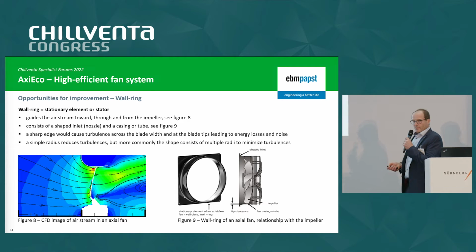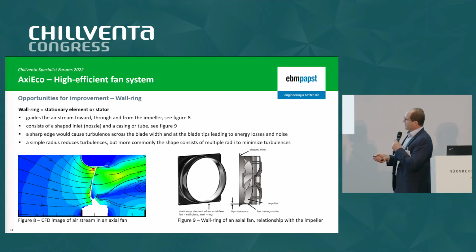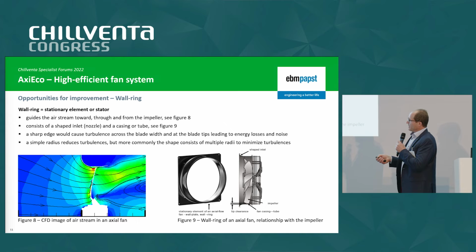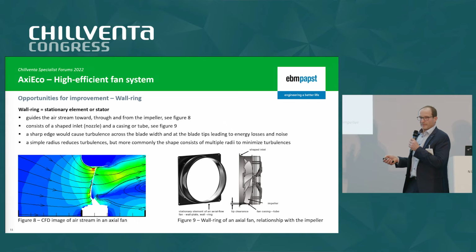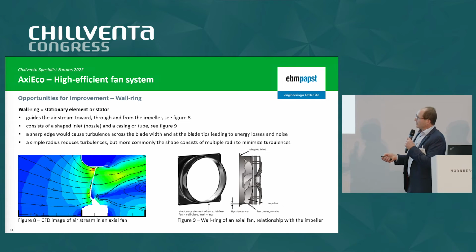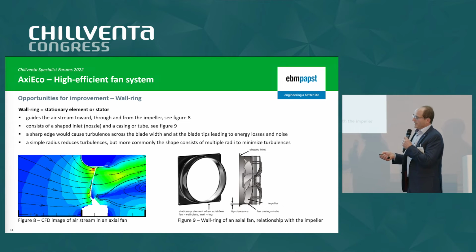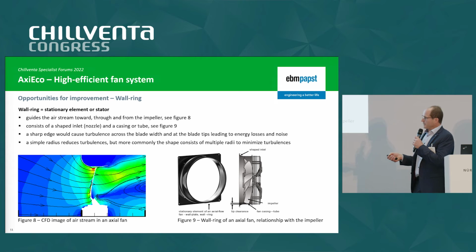What can we do on the wall ring? If you look at this area here, the inlet area or the sucking area, this is not just a simple radius. It's a combination of different radii in order to have a smooth, or more or less laminar, airflow towards the impeller.